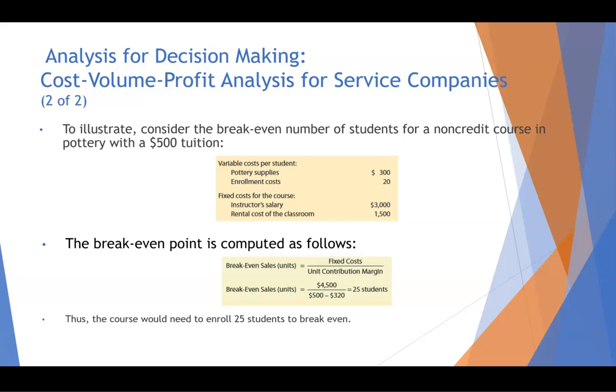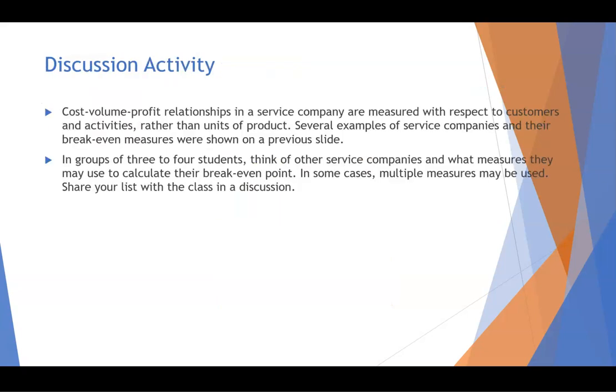If we look at our variable costs per student and then our fixed costs, we take our fixed costs, divide that by our contribution margin to show $4,500 divided by the contribution margin of $180, which shows we need 25 students just to break even.